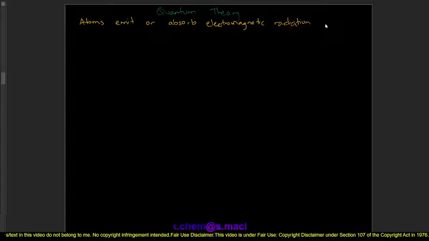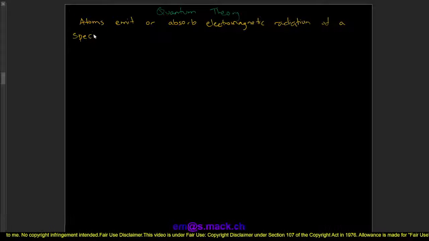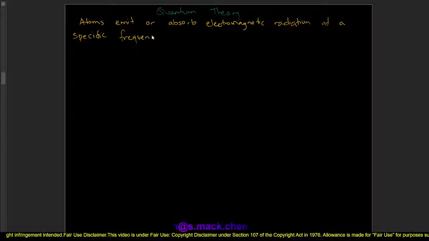But let's keep it simple: atoms absorb or emit electromagnetic radiation of a specific frequency, and on doing this, which is emitting or absorbing this energy, we say that a quantized energy change can occur.